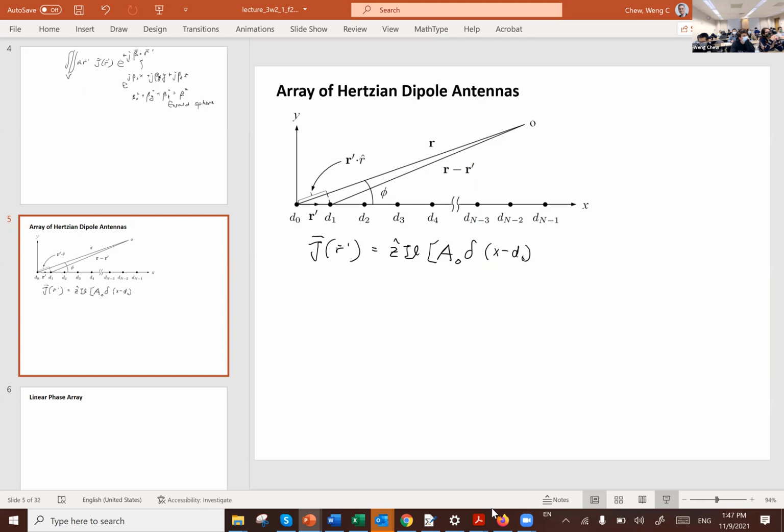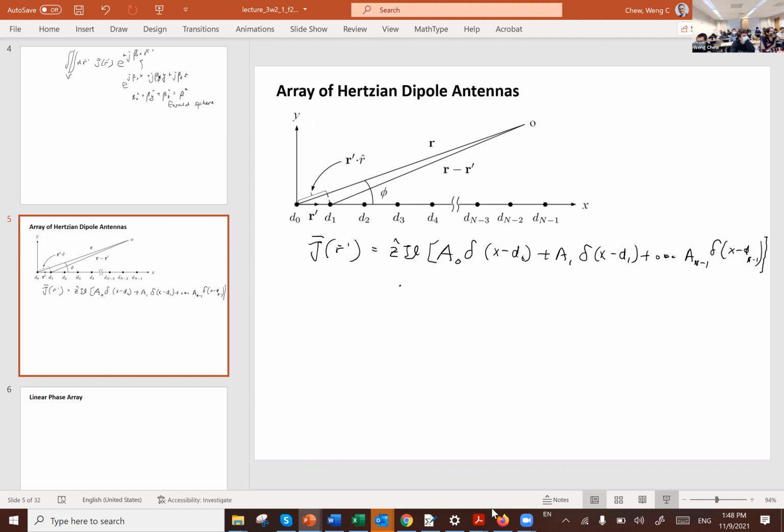So I define the location as such, and then the next one has a different amplitude, but is located at x minus d1, and so on. I can write all of them down, but it will be very tiring for me to do so. So the last one might be located at x minus d(n-1). Okay, and close the bracket.